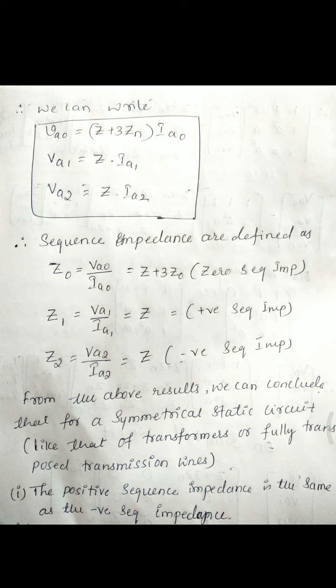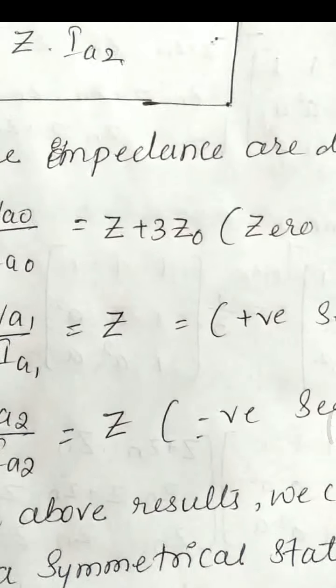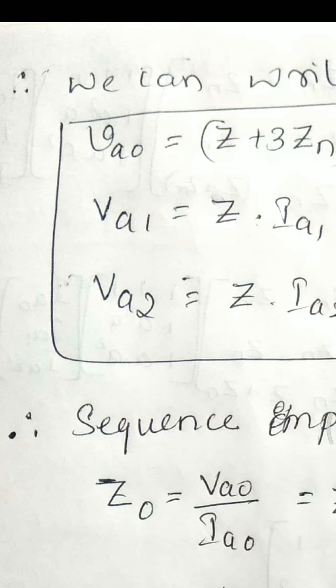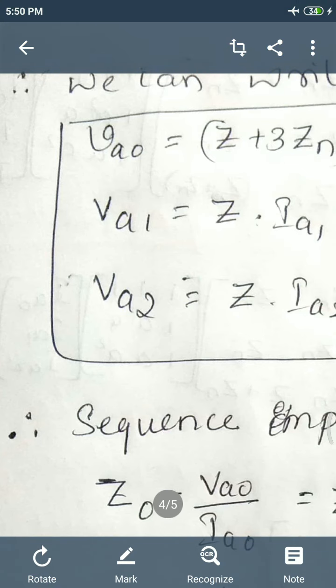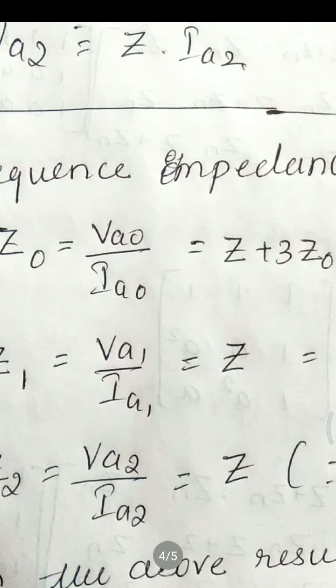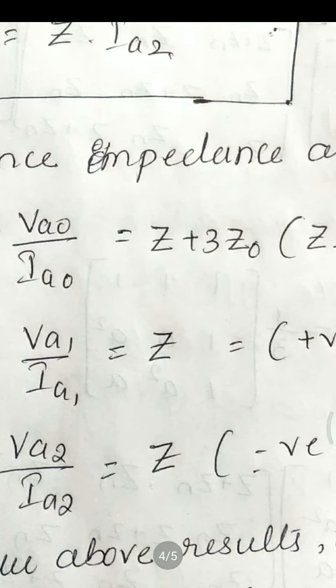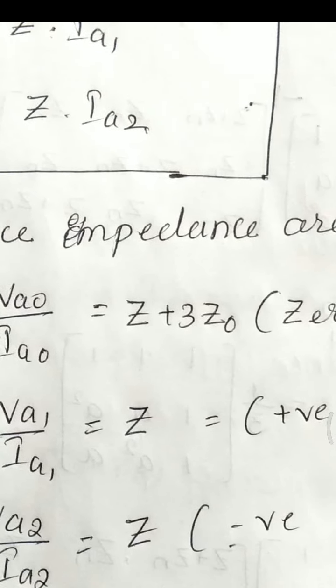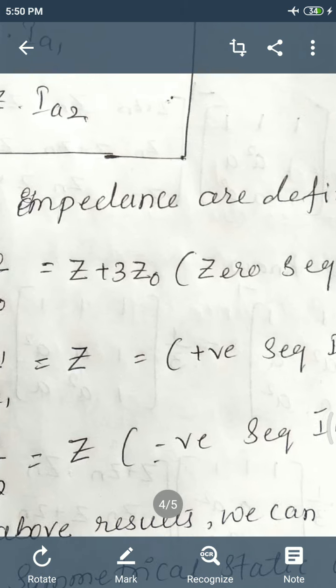That is nothing but Z plus 3Zn from the above equation, which is your zero sequence impedance. From the second equation, Z is equal to VA1 divided by IA1, which is your positive sequence impedance.